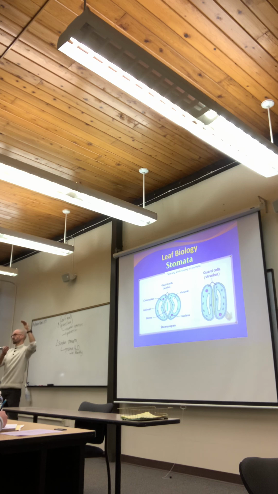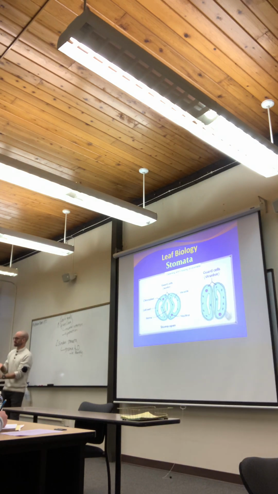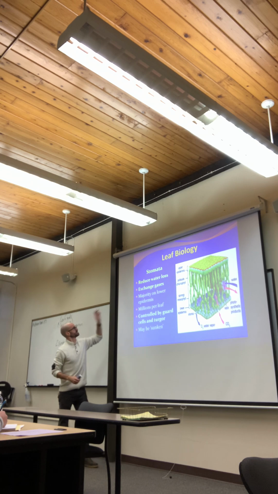Either there's more open than closed, or more closed than open, and that says we're trying to hold on to water, or we're trying to get CO2 in. There's some response to the environment based on how many are open or closed at a given time. So reduce that water loss. Exchange gases.